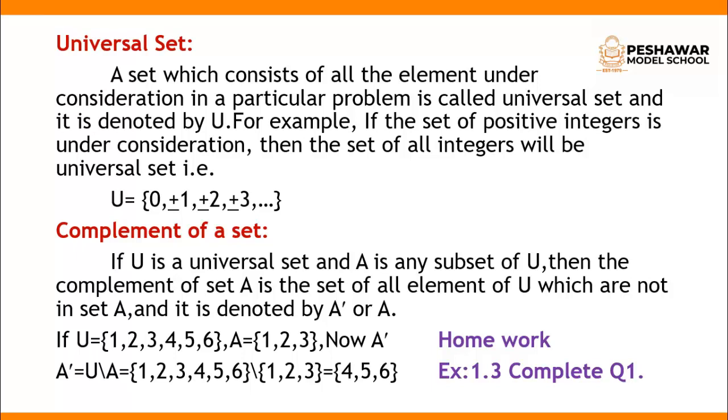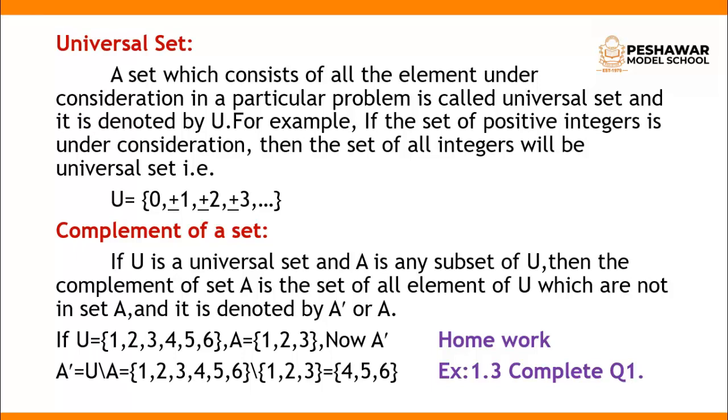So my dear student, if U is equal to 1, 2, 3, 4, 5, 6 and set A is equal to 1, 2, 3, now we have to find A complement. A complement means we have to take the difference, universal set minus A. First of all, we put the elements of the universal set: 1, 2, 3, 4, 5, 6.